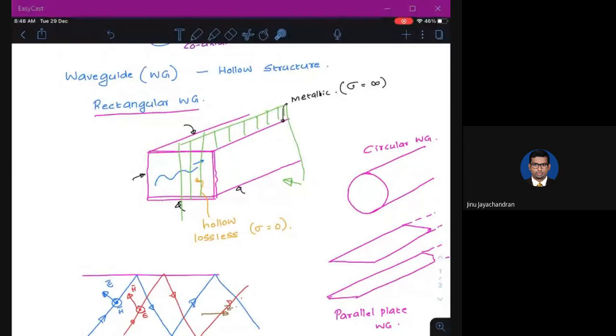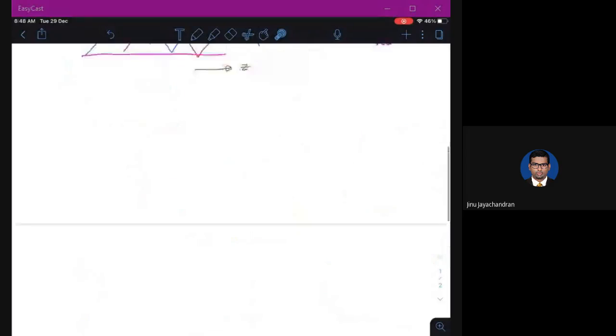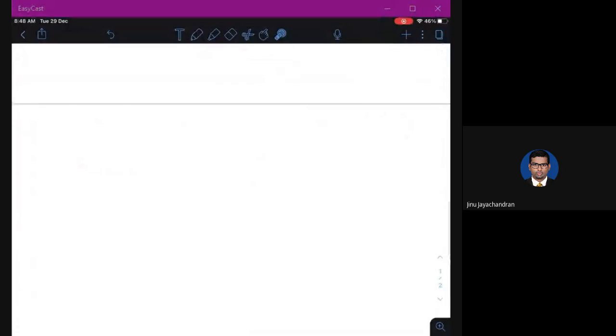So we will apply the boundary conditions on four sides of the waveguide to find out what will happen to the wave inside a rectangular waveguide. Okay, fine. So let's start with defining the axes, etc.